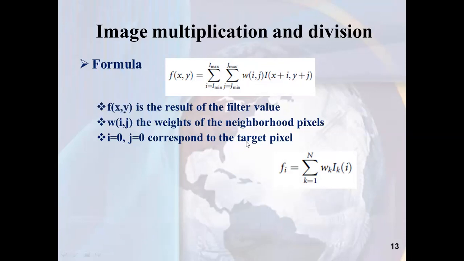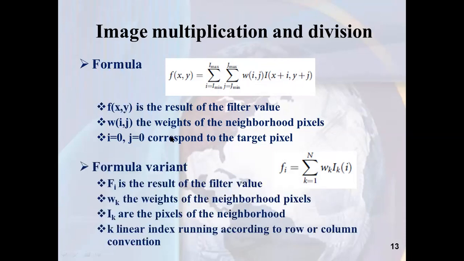Now we can linearize this function by taking all the pixels as a vector, and for that we obtain a variant formula where f_i is the value of the new pixel and w_k is the weights, and I_k are the pixels of the neighborhood, where k is linear and runs according to the row and columns convention.